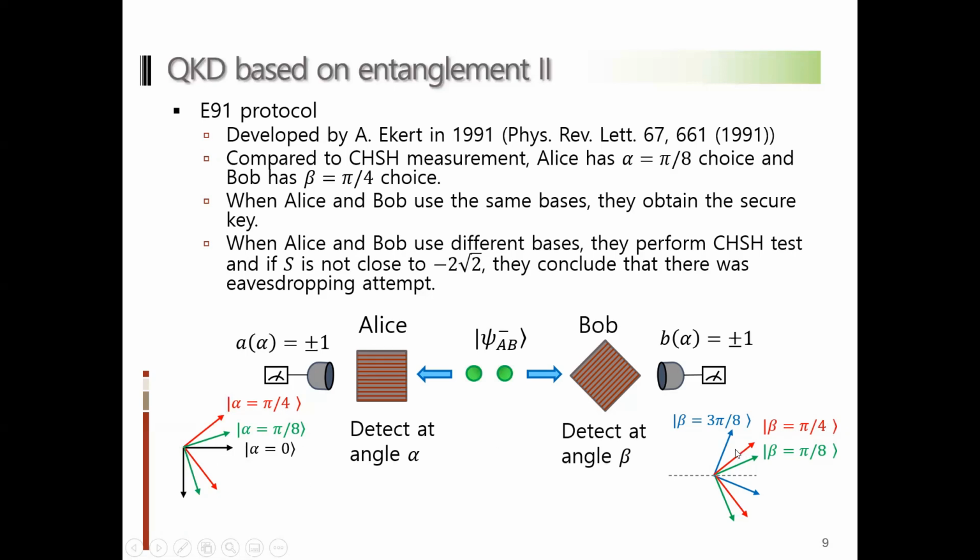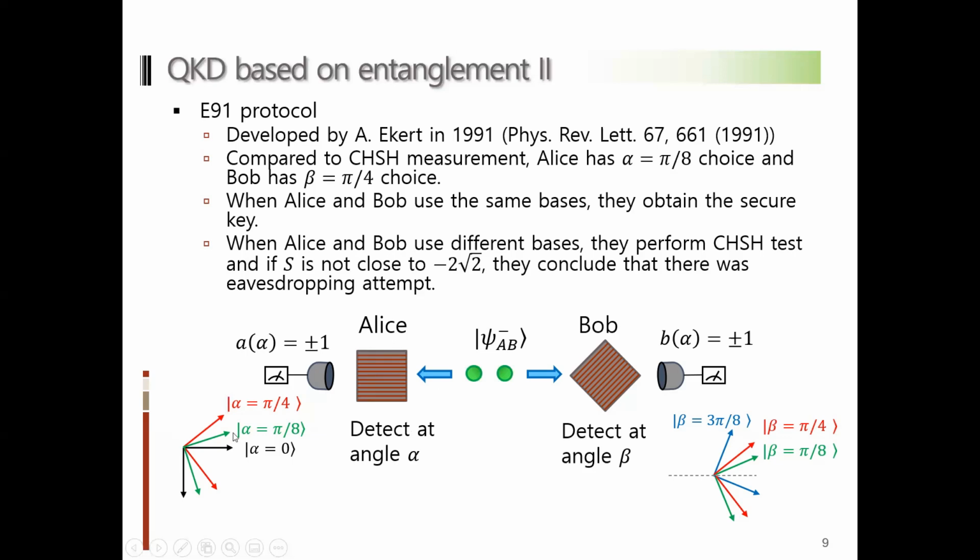So in principle, the resulting measurement result should show the anti-correlation relation, which I already mentioned in one of the early lectures. And also, if Alice and Bob choose the same pi over 8 basis, then they will also have another anti-correlated result.